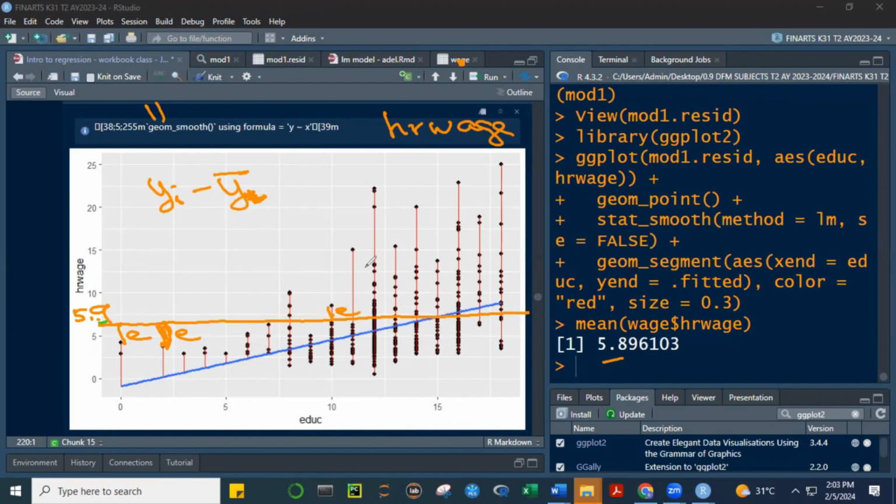Okay, if we take that, class, and of course, if we sum this up, what would be the answer, class? What will be the answer here? Again, please chat, class. If we add the difference between the actual value and the mean, what will be the answer?